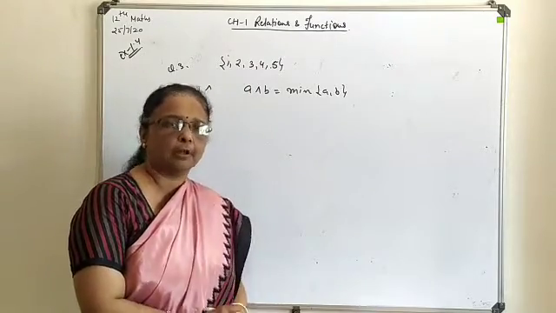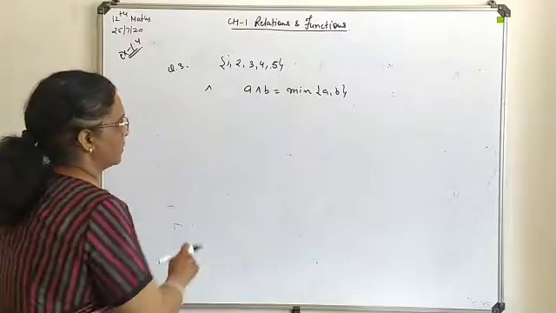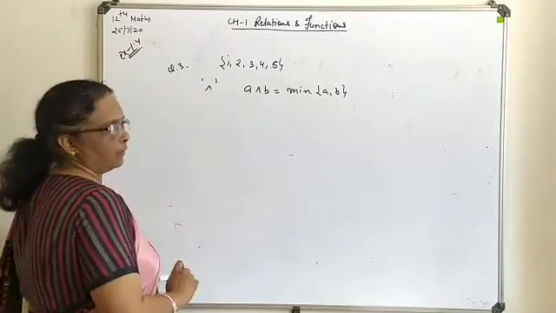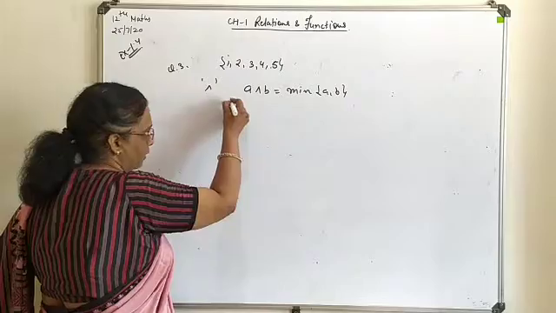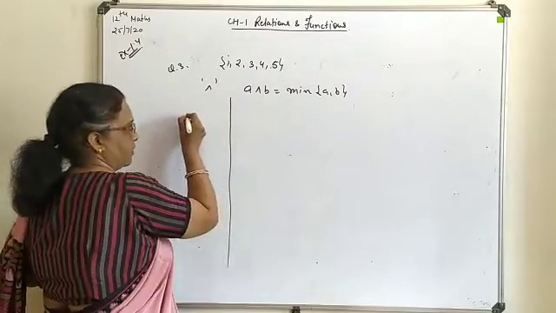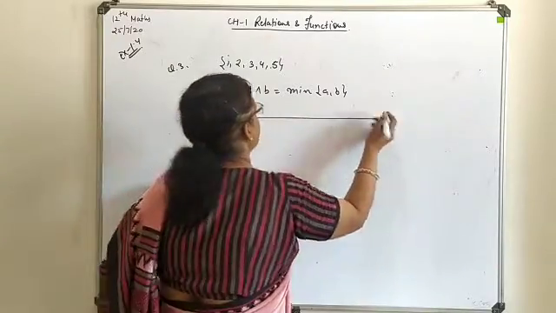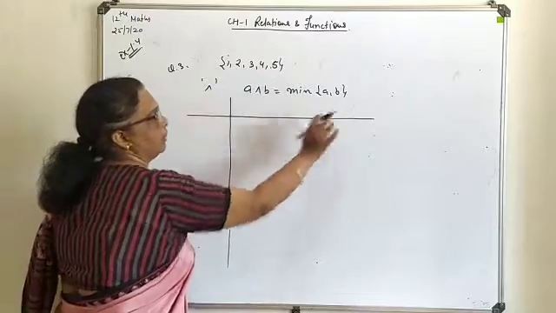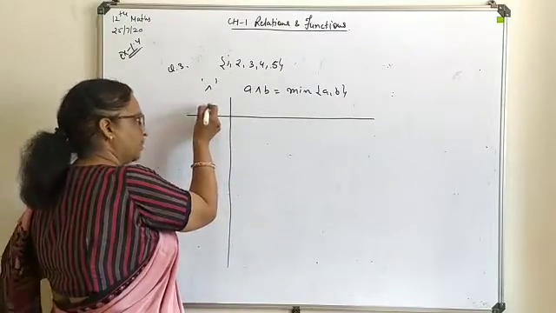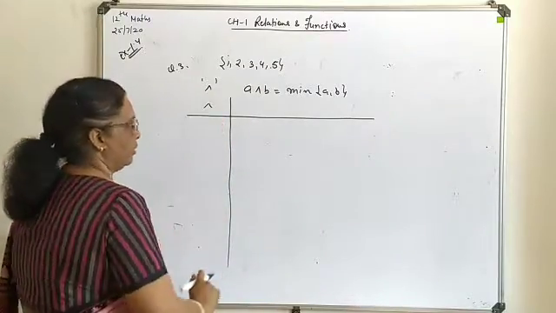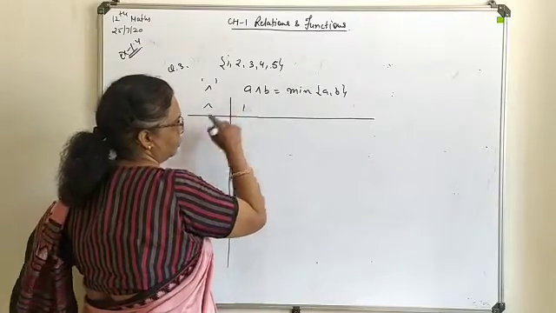Now how to construct an operation table? Let's try to understand. This is the operation we are going to perform. When you are talking about the operation table, first of all, row wise and column wise, list out all the elements available here. Here, the operation you are going to write is to be mentioned.